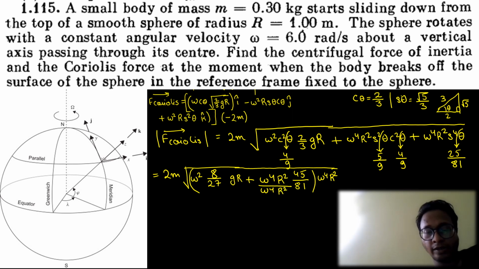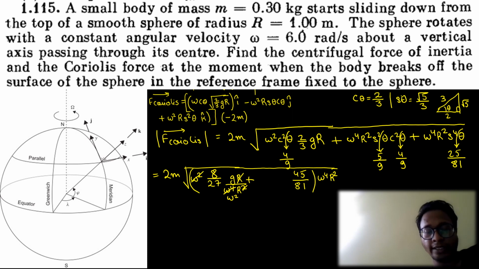I'm also taking 9 common from both. First let's deal with omega 4 r square. So this entire term would get cancelled. This would be 45 by 81, and this omega square would get cancelled with omega 4 and become omega square. R would get cancelled with r square.